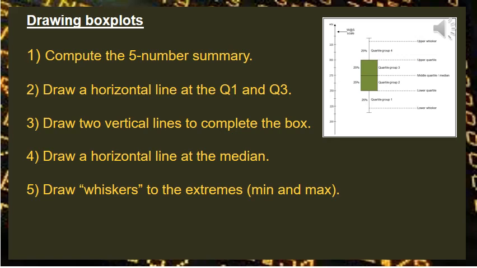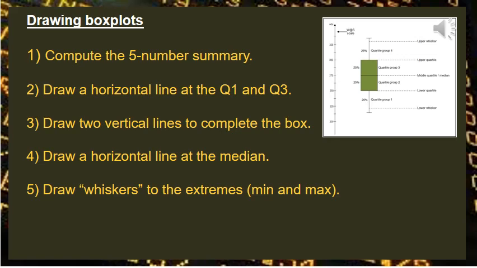Then you join these lines to create a central box. You draw another horizontal line where the median is. And then you draw the whiskers that extend from the box, going from the box down to the minimum, and from the box up to the maximum. And this is an example of a box plot. The one you see here on the drawing is very symmetric, but they're not always symmetric.